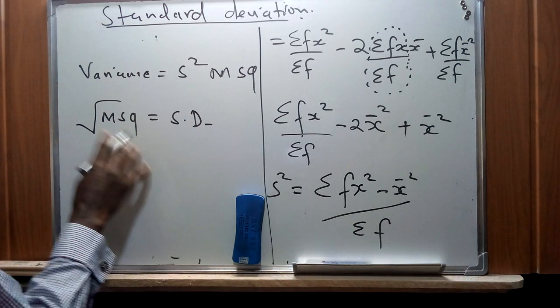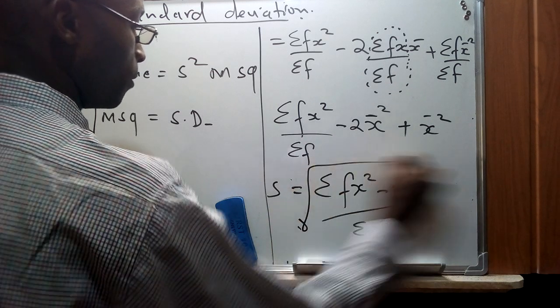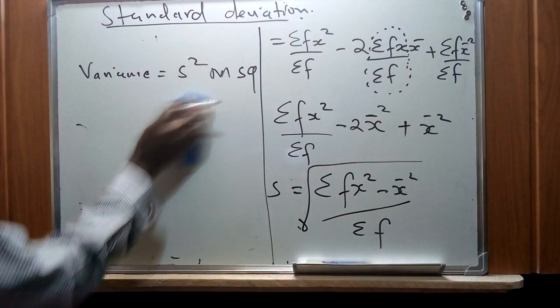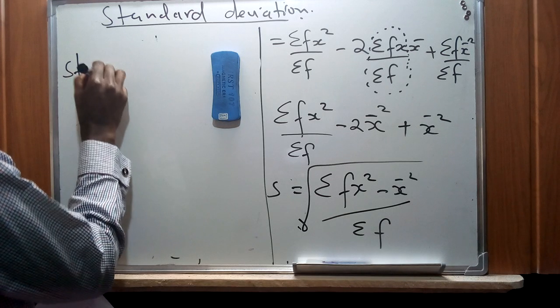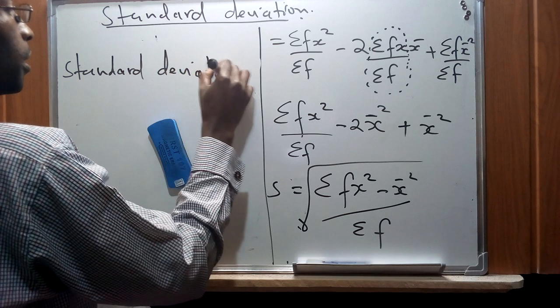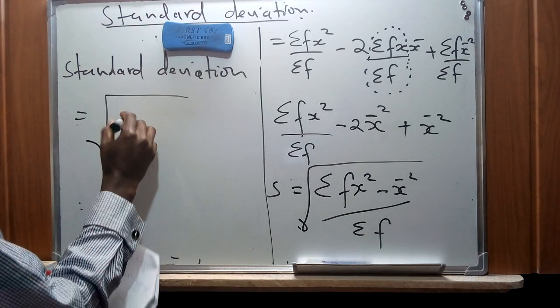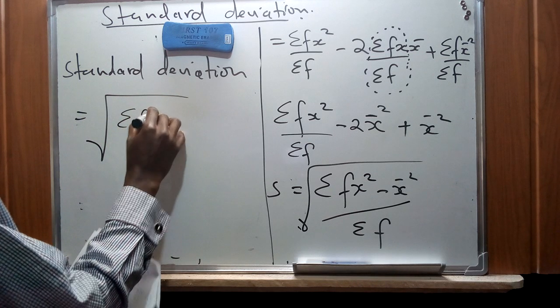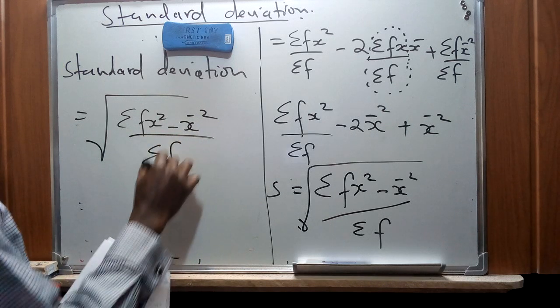Therefore, the standard deviation is going to be the root of this particular formula, and we're going to represent it using this formula here. So the standard deviation equals the root of the summation of fx squared divided by the summation of frequency, minus the mean squared.